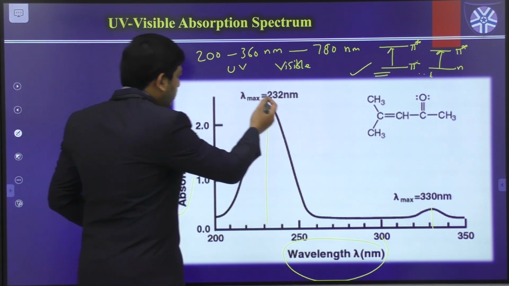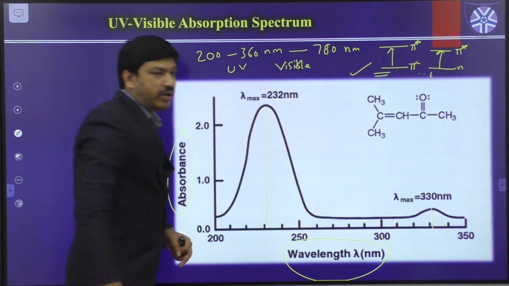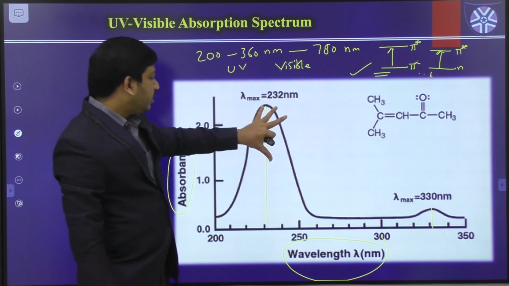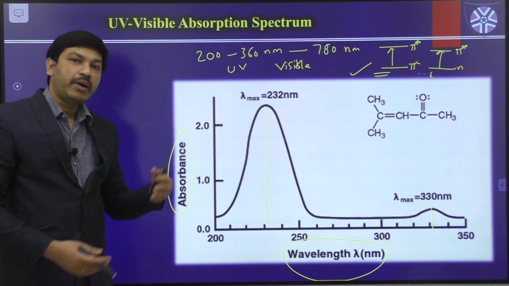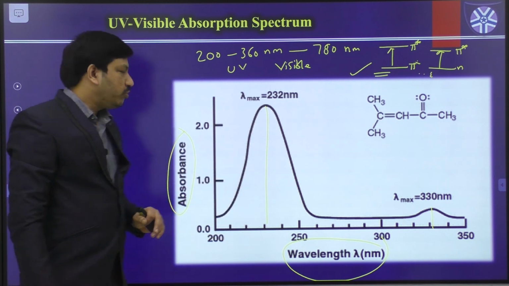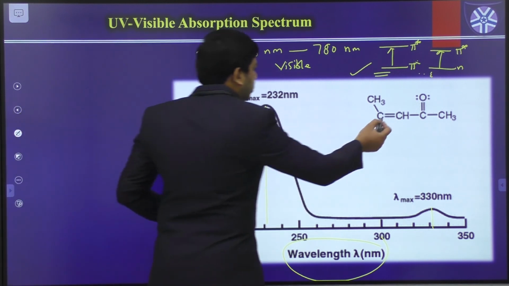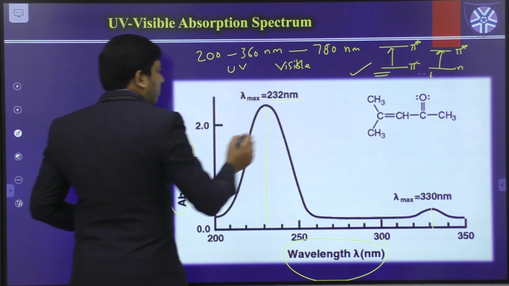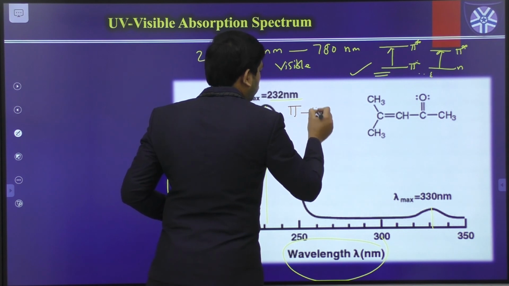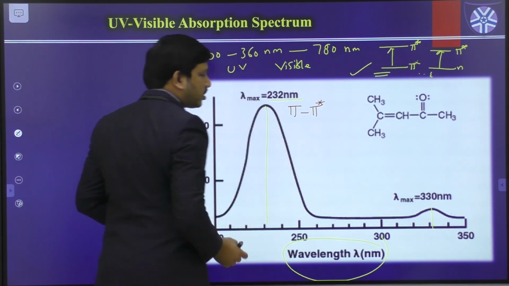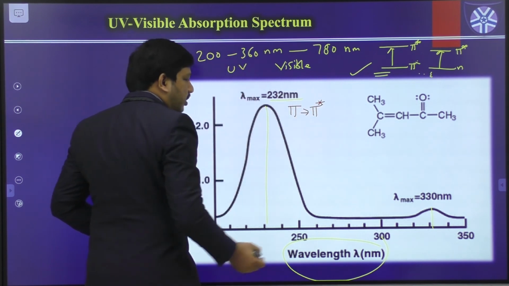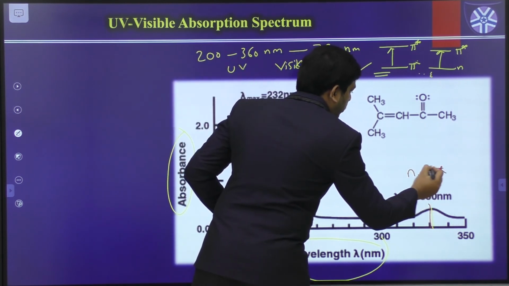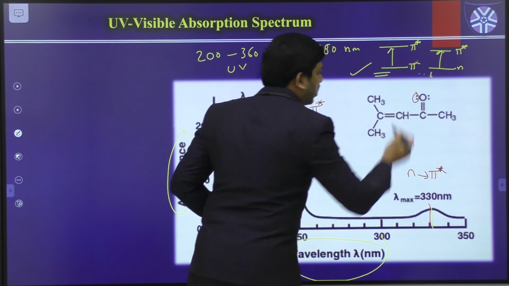Always we will get some kind of peaks like this in the absorption spectrum. We have to analyze the absorption spectrum and understand that this particular peak is mainly because of either pi to pi star transitions or n to pi star transitions. In this case the first transition is mainly because of the pi to pi star transition, which we also discussed in the last class, and the second transition is mainly because of the n to pi star transition, because this oxygen has lone pairs of electrons.